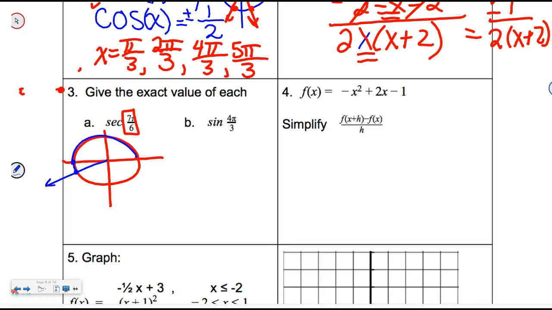I need to do secant. So it means I need to figure out, and you should write this out, secant is going to be 1 over the cosine there. We need to understand that the cosine there will be the x value there. So somehow I need to figure out what's the x value over here so I can flip it or do 1 over it. Well, its reference angle is over here. Just head straight through the origin there.